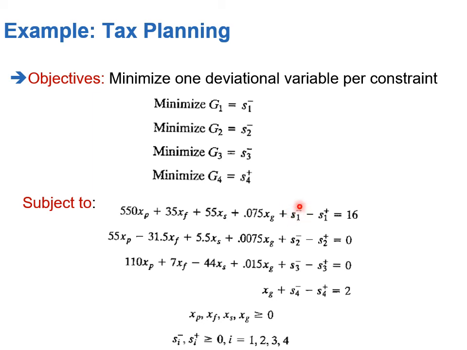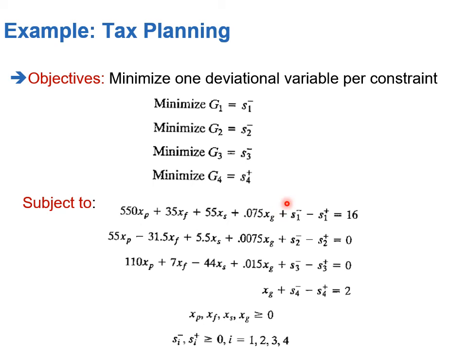The negative deviation variable appears with a positive sign in the constraint. Positive deviation variable appears with a negative sign. This is very important. It doesn't matter whether it's less than or equal to, greater than or equal to. It's always the same. Okay? As I said, don't confuse with the slack and excess variables that we use to convert the constraints into standard form. This is something different.